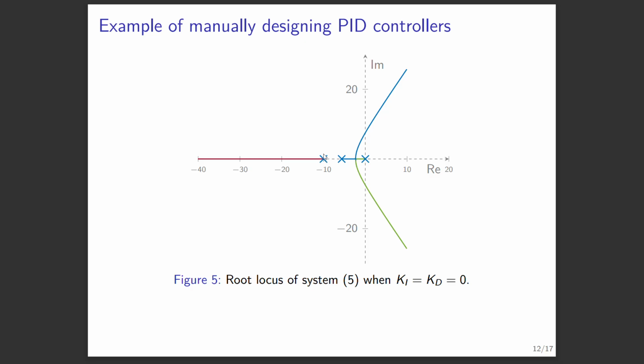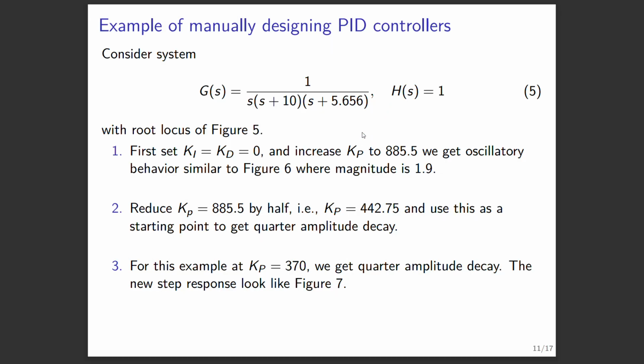This pole goes to the left. These two poles move towards each other and meet at this point, and then they leave the real axis. If I keep increasing Kp, they are going to cross the j omega axis. That's the point that we are interested in.